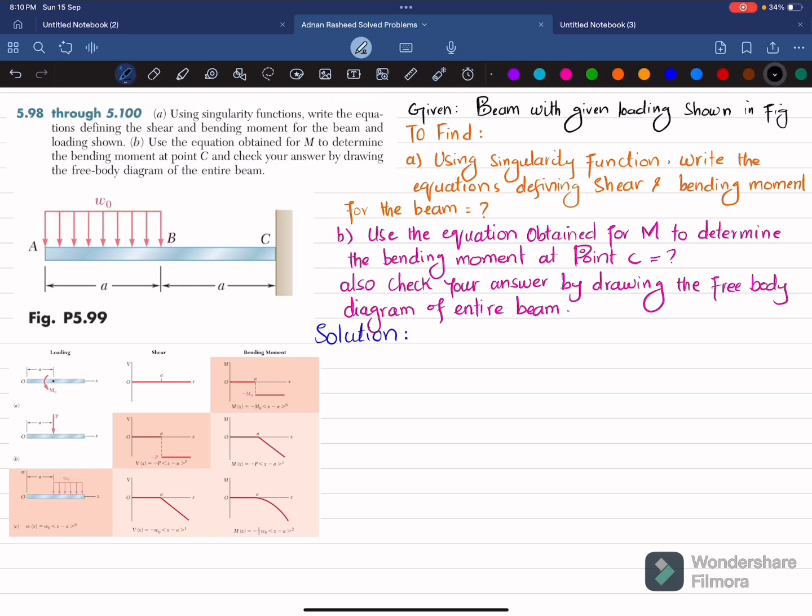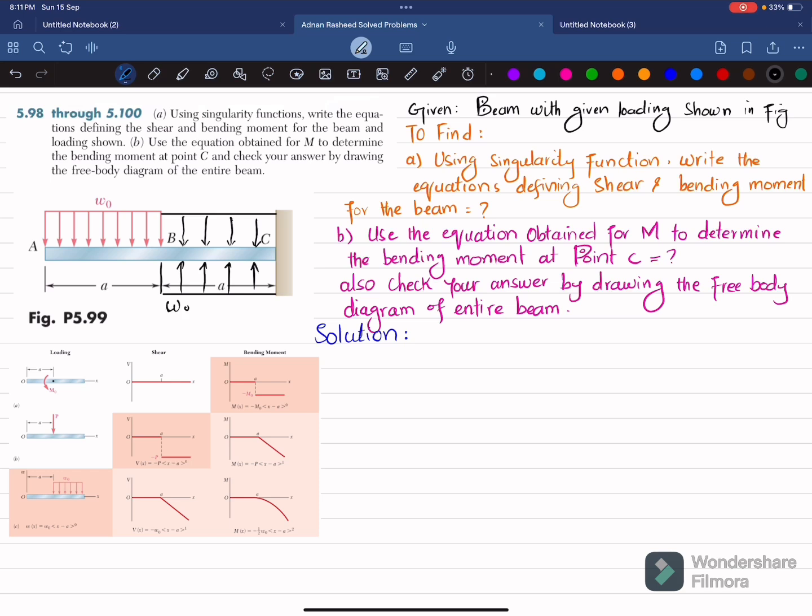So what we will do is proceed further, add this W naught through the entire length of the beam, and then subtract the same downwards in order to cancel its effect.